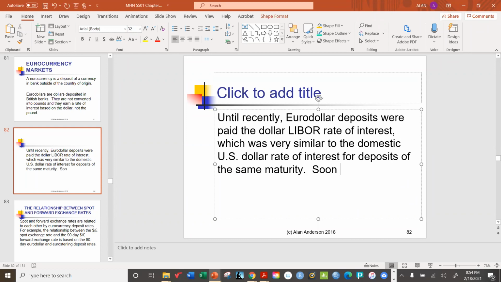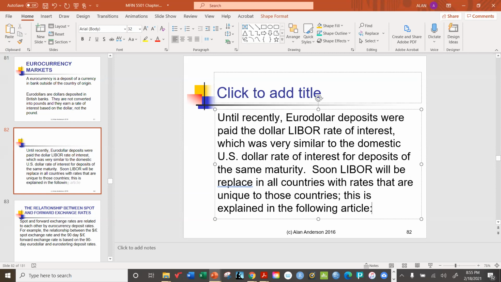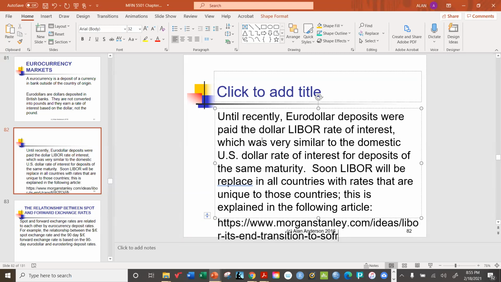Soon, LIBOR will be replaced in all countries with rates that are unique to those countries. And here's the article. This is explained in the following article. Okay, so you can read about this at your leisure.